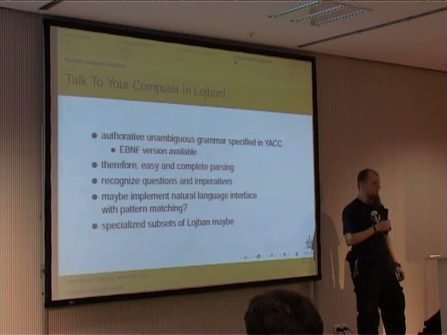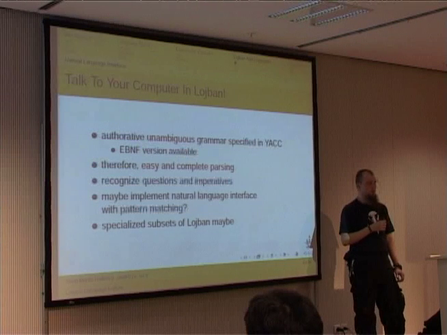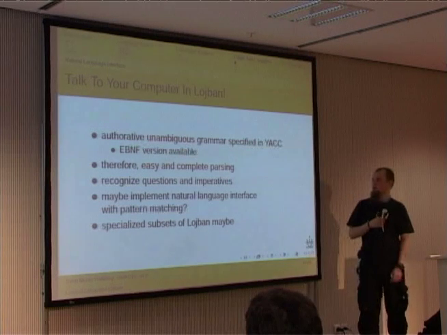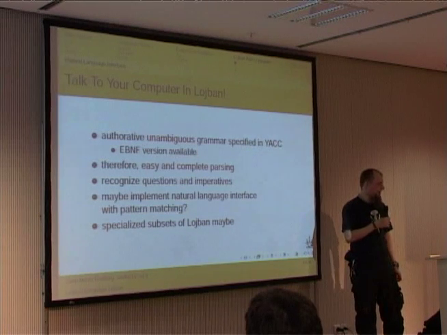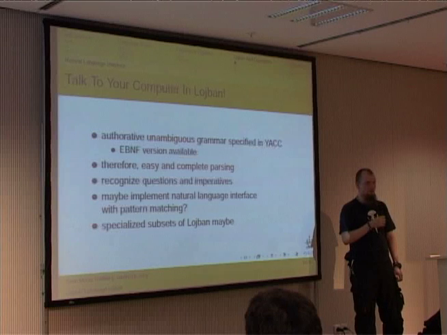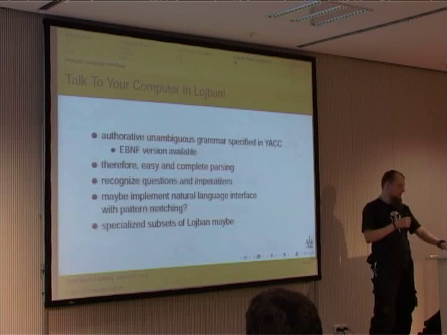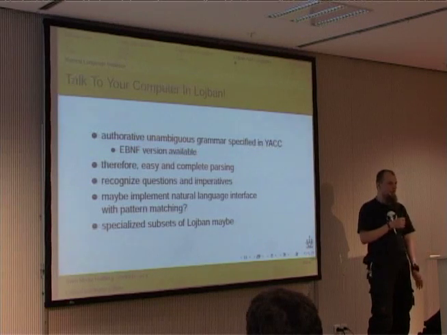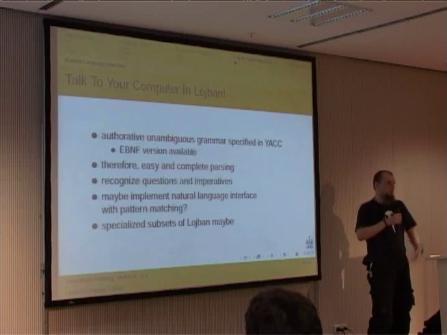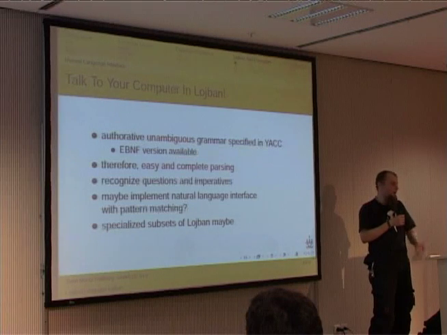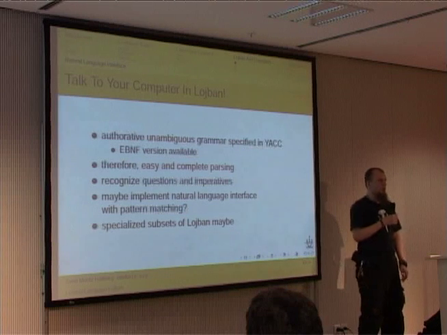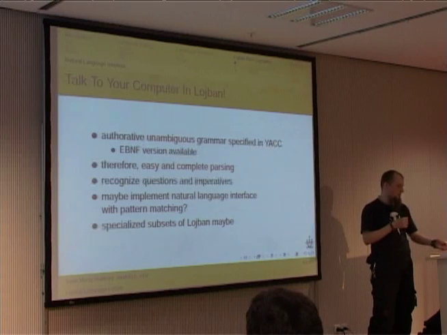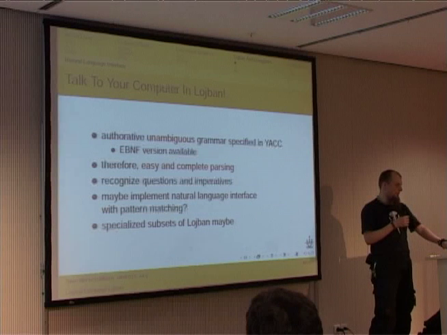For example, you might want to try to just recognize a question or an imperative, which is easy, as you have seen in the case of questions. You just recognize the little question words. And imperatives are also very easy, because in imperatives you have another word that you look for, that's it. And then you might want to try just basic pattern matching on these sentences that come in. You have this data structure representation of the Lojban sentence, it comes in, you do a pattern match on it, and you recognize, oh, this is a question, and maybe you recognize the other parts of the sentence, and maybe you'll be able to answer the question, but there you have a natural language interface.